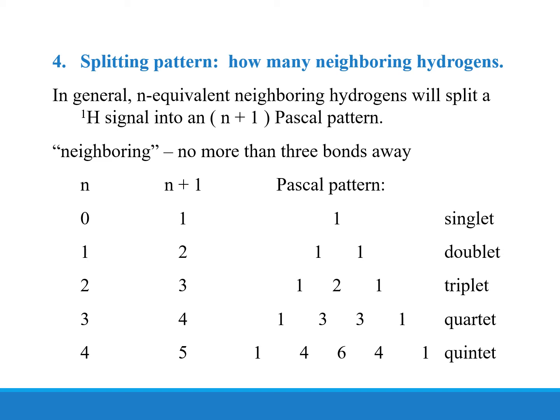So that's what a Pascal pattern basically is. But you can also use the simple way: for n neighboring hydrogens or protons, you'll have n plus 1 splitting.